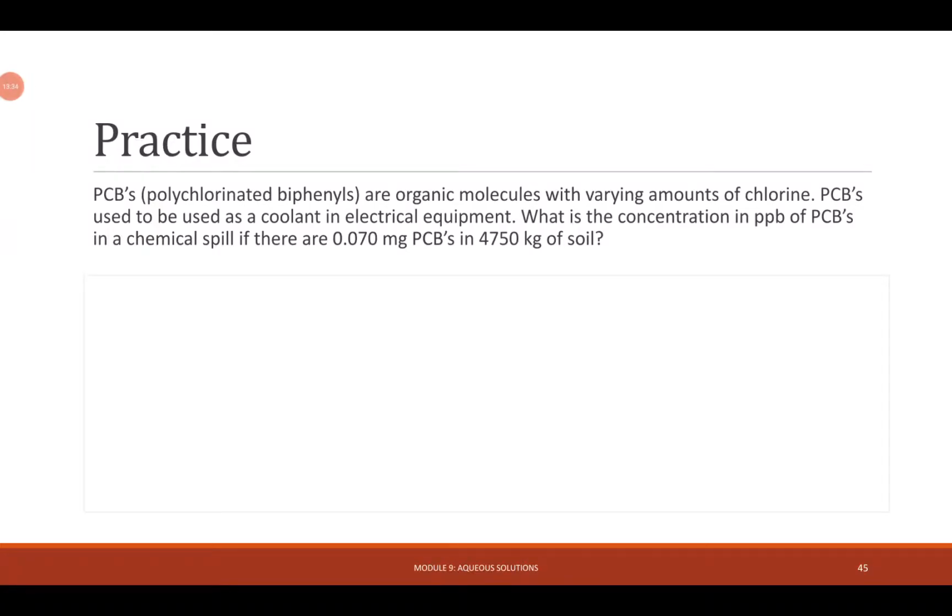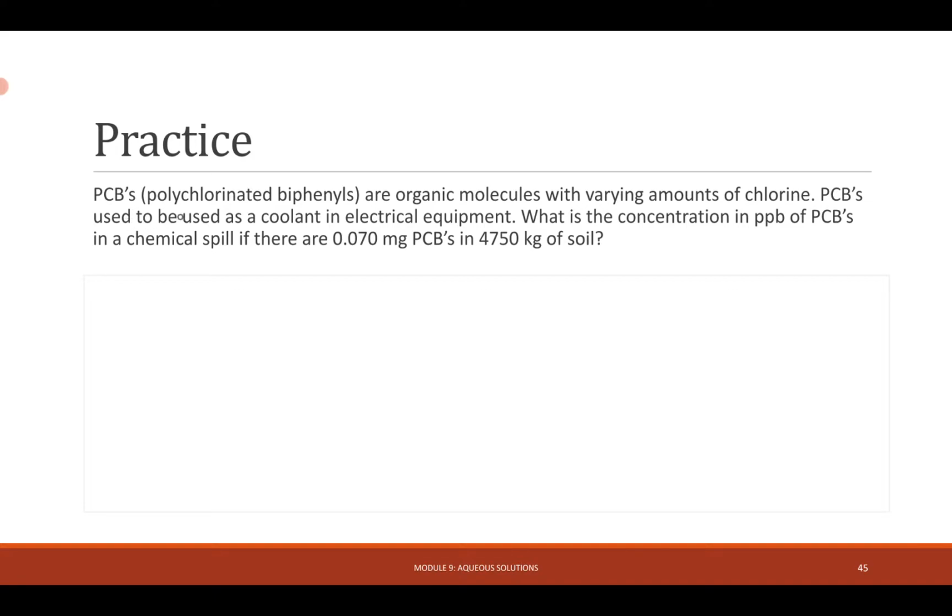All right, one last practice problem. Go ahead and pause the video and try to work this out on your own. Unpause the video when you are ready to continue. All right, let's go over this. It says PCBs, polychlorinated biphenyls, are organic molecules with varying amounts of chlorine.